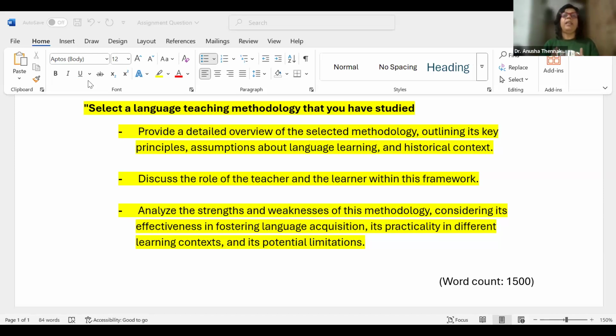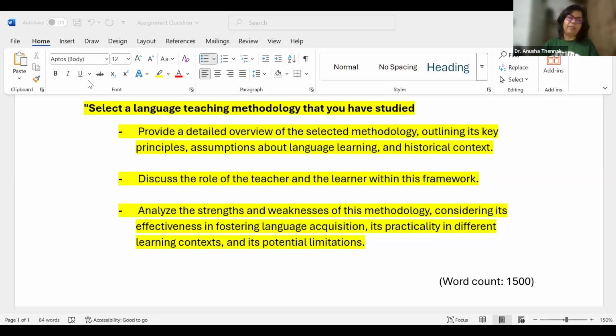Provide a detailed overview of the selected methodology, outlining its key principles, assumptions about language learning, and historical context. We discussed all these things. So you have to discuss the key principles of communicative language teaching, and also the assumptions about language learning.